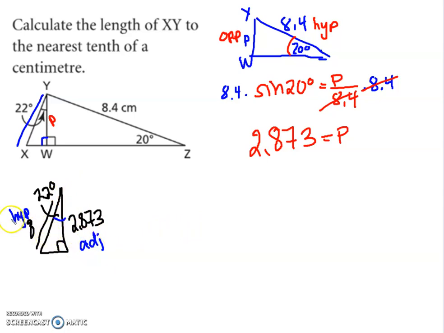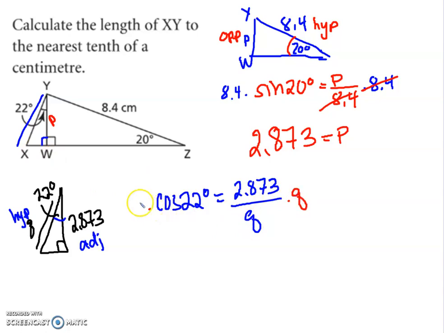So we're looking at cosine of that 22 degrees is the adjacent divided by the hypotenuse, but now the Q's in the denominator. So to move the Q into the numerator, I'm going to multiply both sides by Q, which leaves me with Q times the cosine of 22 degrees is equal to 2.873.